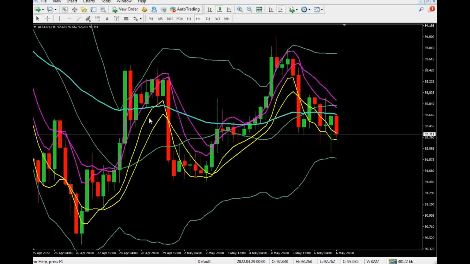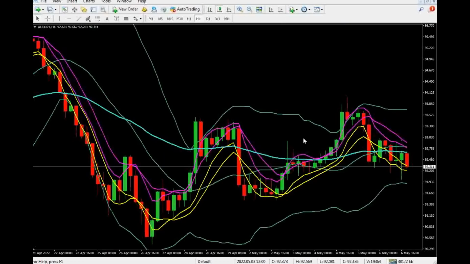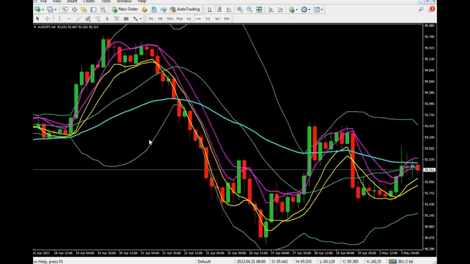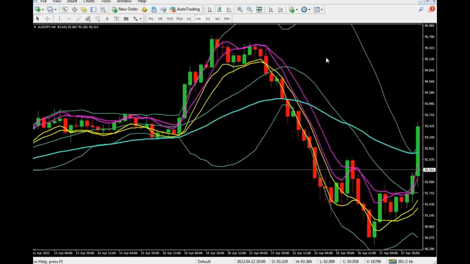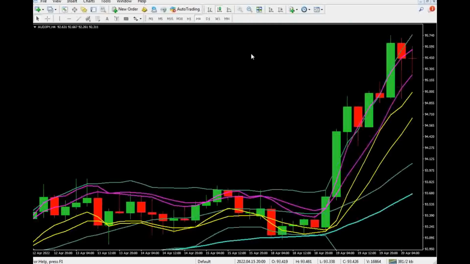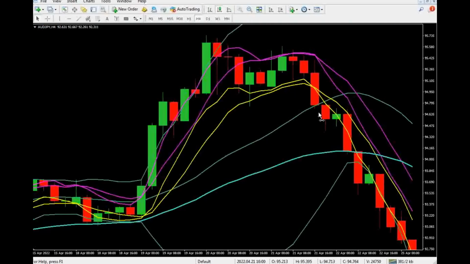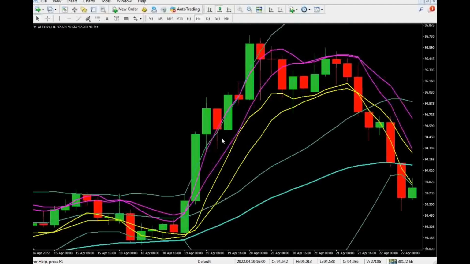Now we are looking for the next sample. Okay, this is a good example. Look at this extreme structure.